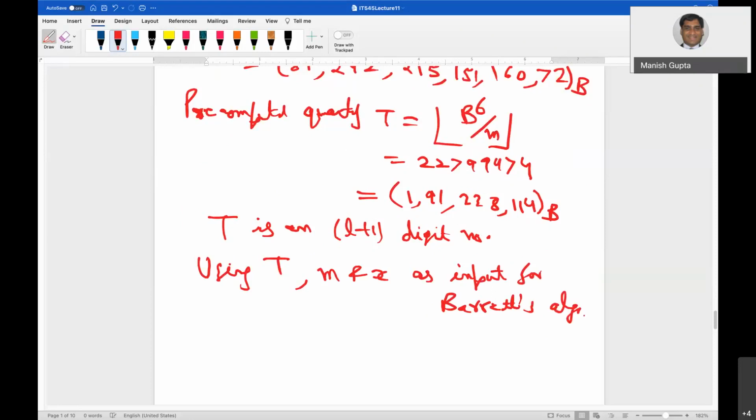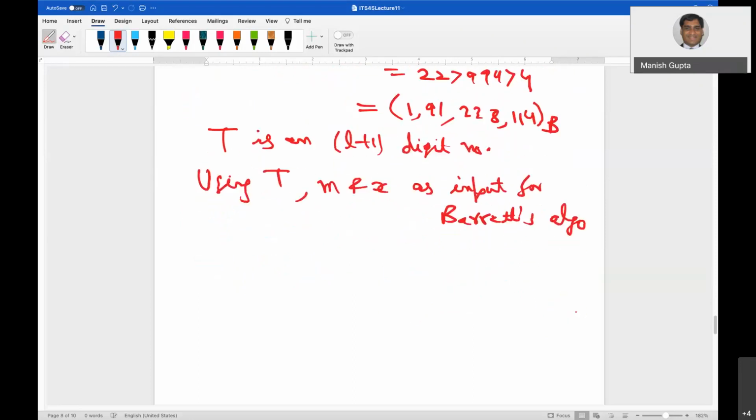Input for Barrett's algorithm. So what we do, we compute x divided by b square because L is 3 here, right? So this is 31346299112696126.